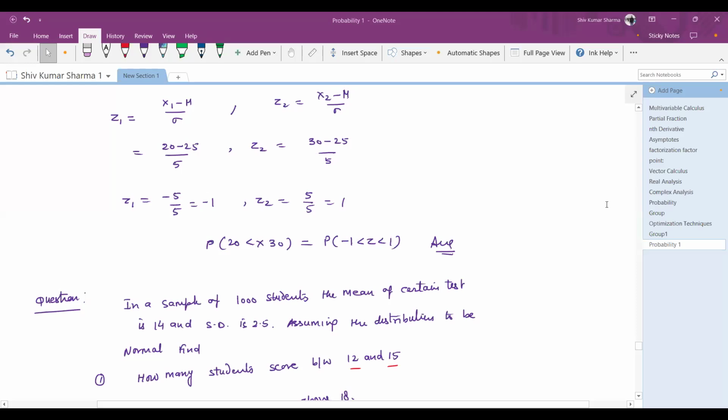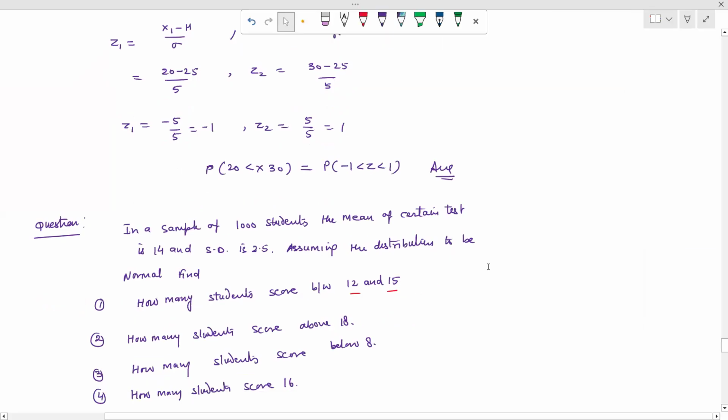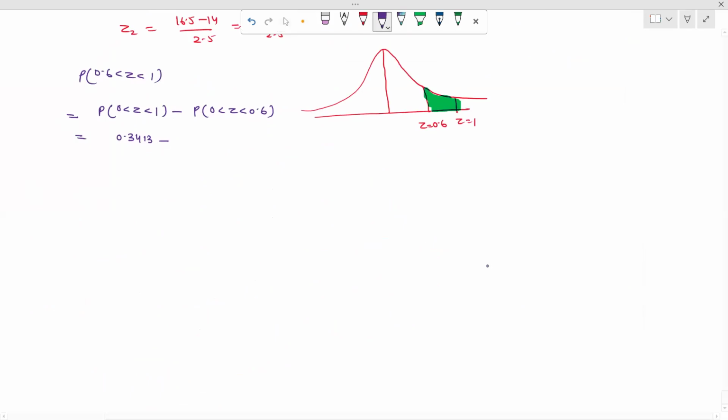So this is 0.3413 minus 0.2257, which gives 0.1156.